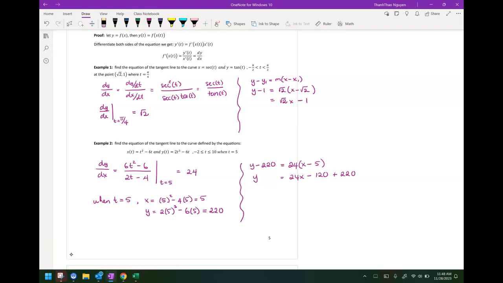Excuse me, this should be 120, right? So this is 2 times 125 minus 30. Yeah, this is 220. So then y equal 24x plus 100. So that is the equation of the tangent line to that parametric curve.